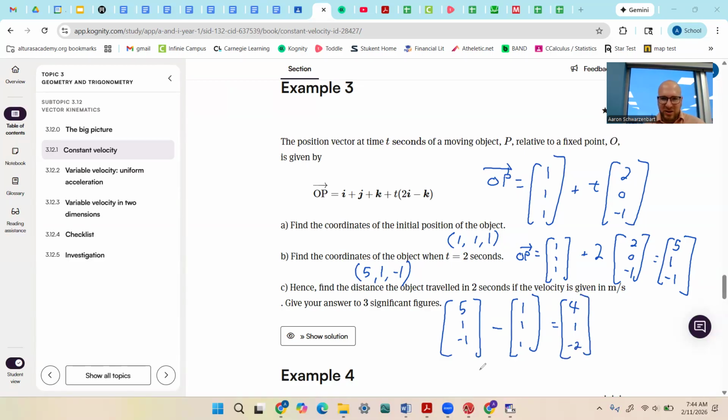And then it asks for the distance. So this is a movement vector. Distance is going to be, use the Pythagorean theorem.